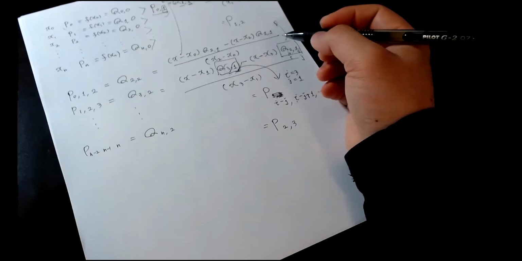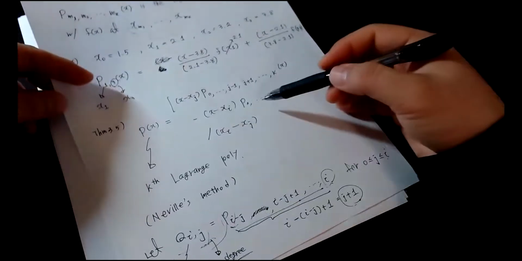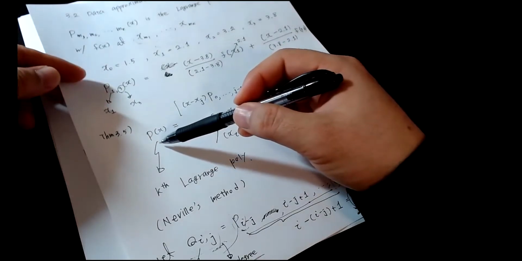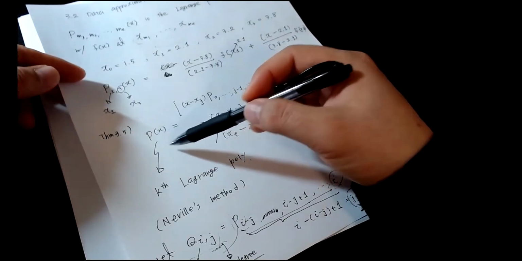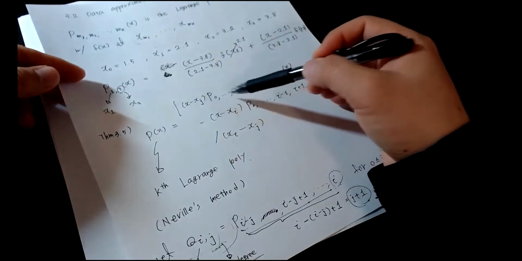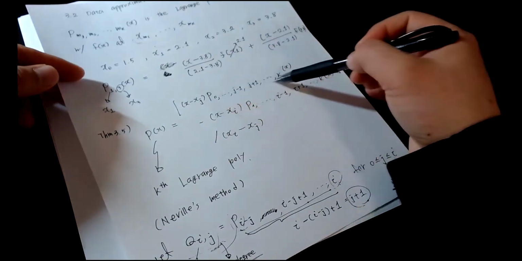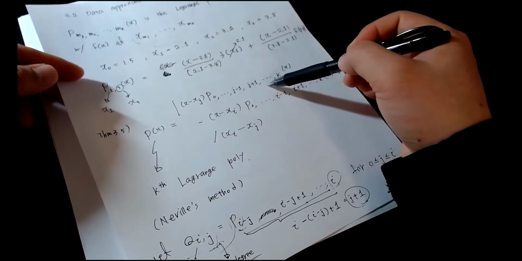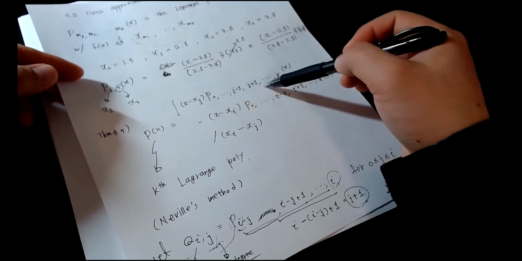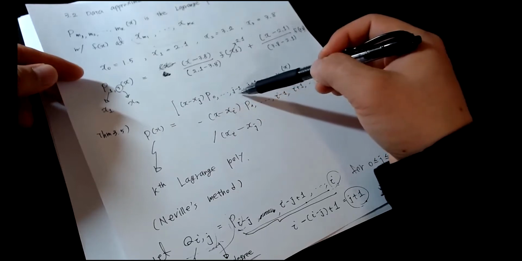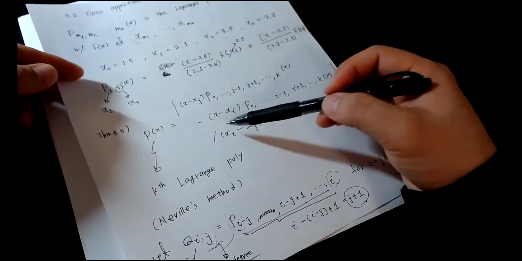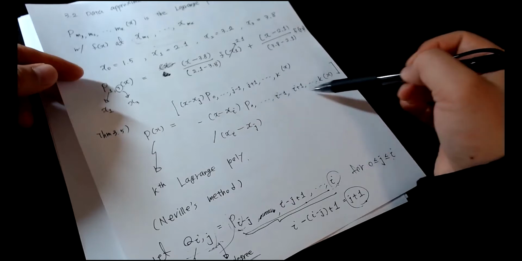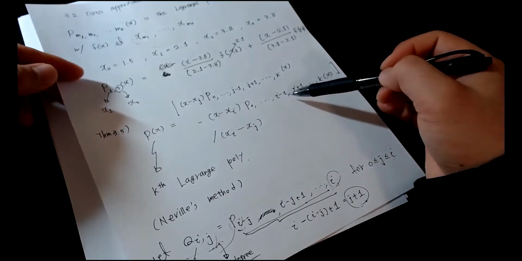Why? Because look at the formula in Theorem 3.5 here. P of x can be expressed like this: x minus xj times the Lagrange polynomial, look at the subindices 0 through k except for j, minus x minus xi times the polynomial with subindices from 0 to k except for i.